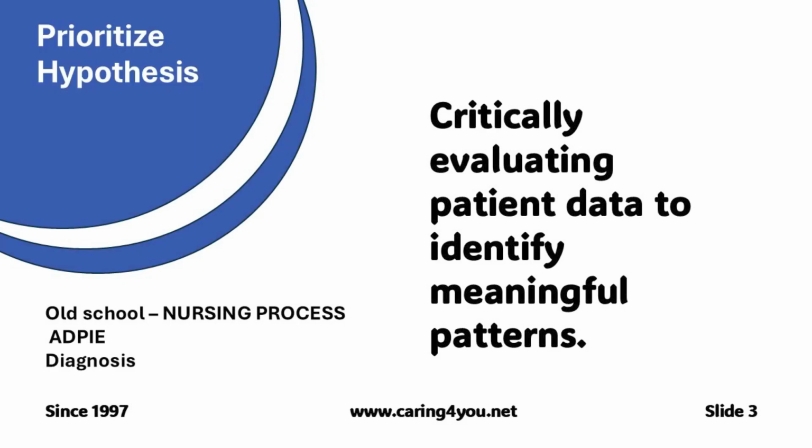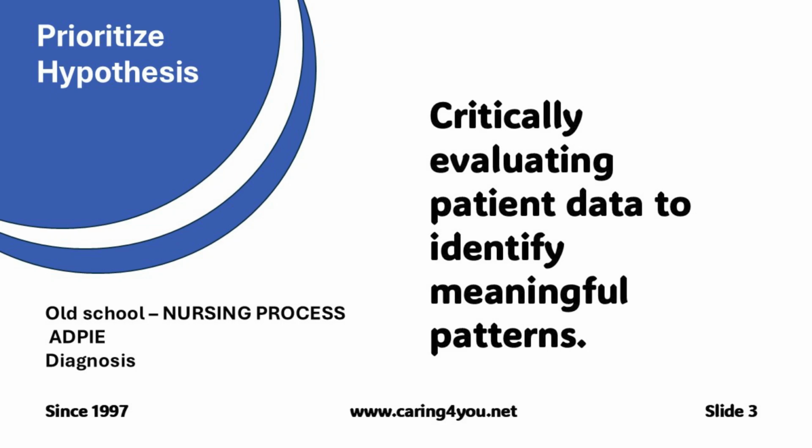Now, with the clinical judgment measurement model, they replaced diagnosis with prioritized hypothesis. You know why, ladies and gentlemen? Because when we read the case studies, we could come up with 3 or 4 diagnoses, right? So that is the hypothesis. What do we think is wrong?